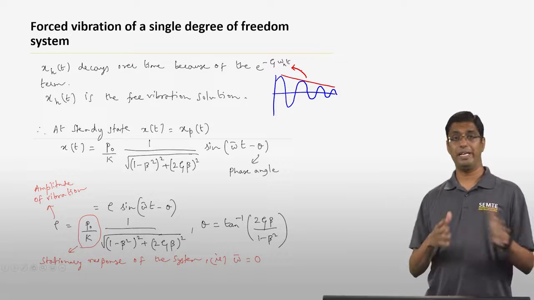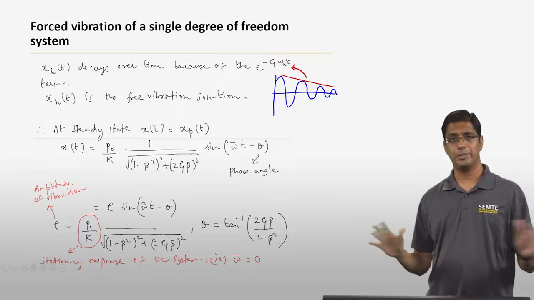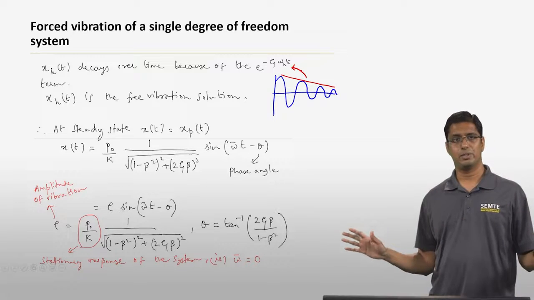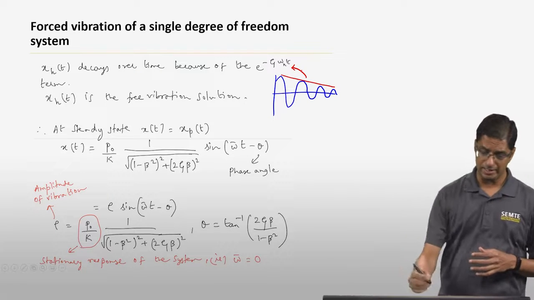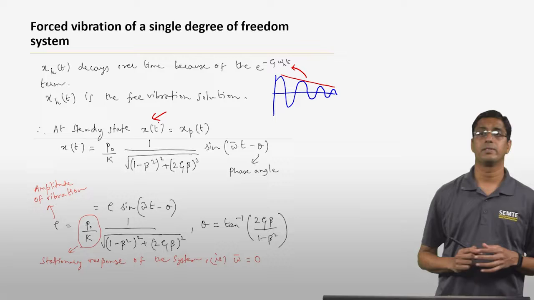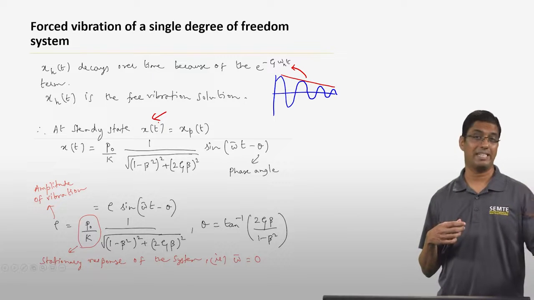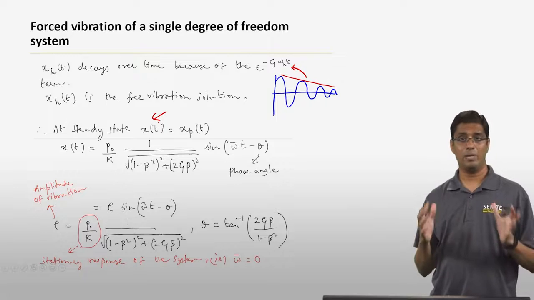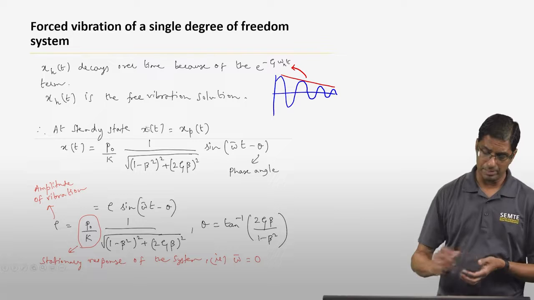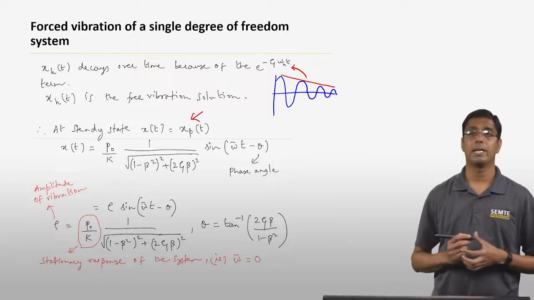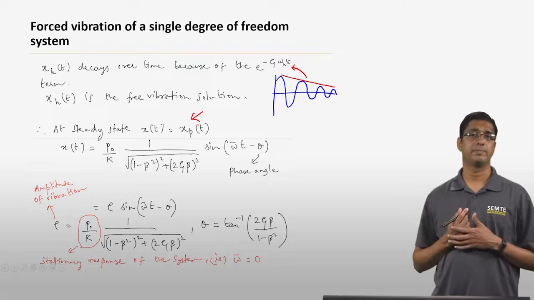So if you wait enough time, this xh of t is not going to contribute at all. It essentially goes to zero. So the only thing that matters is xp of t, which is why it is called the steady state solution. If you wait for maybe a couple of seconds or maybe 10 seconds, after that the only thing that contributes to your displacement is your particular solution, xp of t. So essentially you can say that x of t is nothing but xp of t.